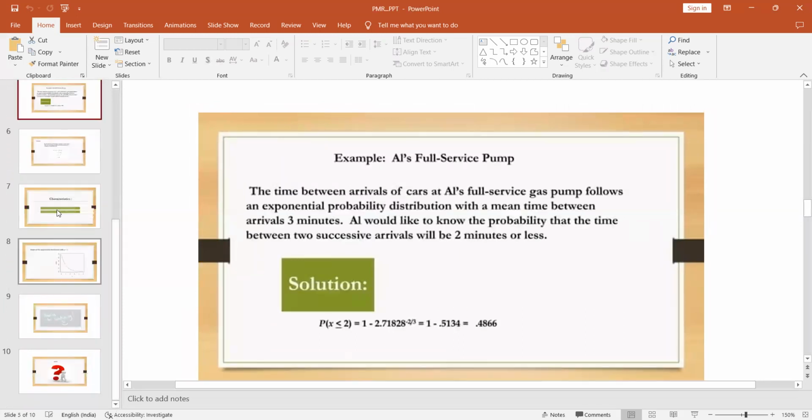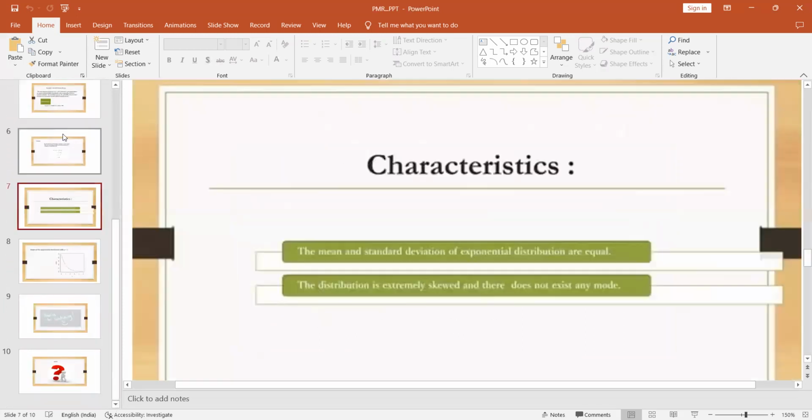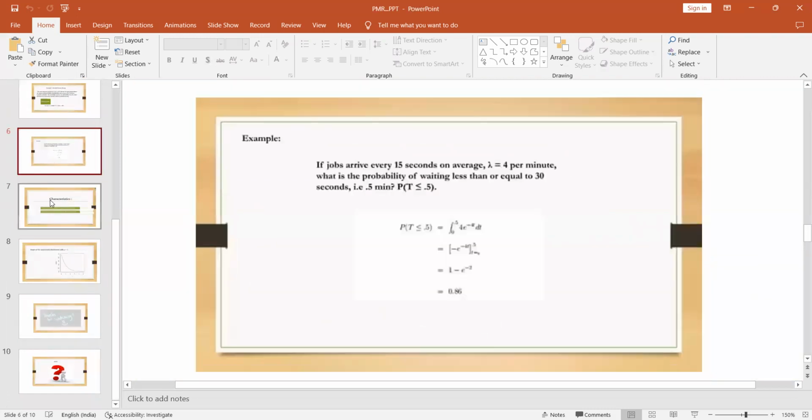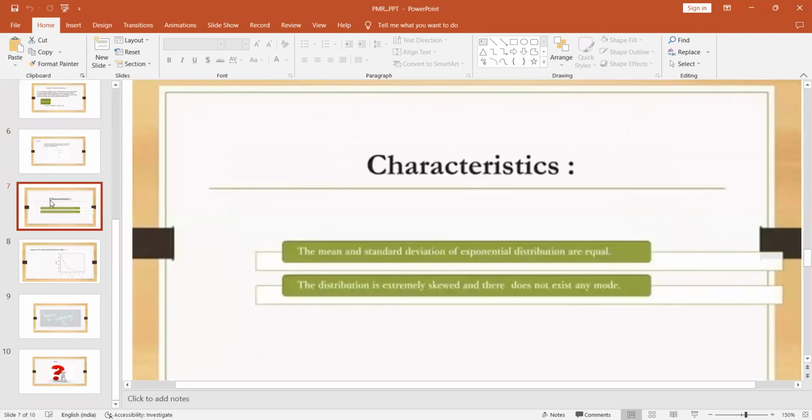As we see, there are a lot of examples and characteristics. When we consider the exponential distribution, the mean and the standard deviation are equal, and the distribution is extremely skewed.